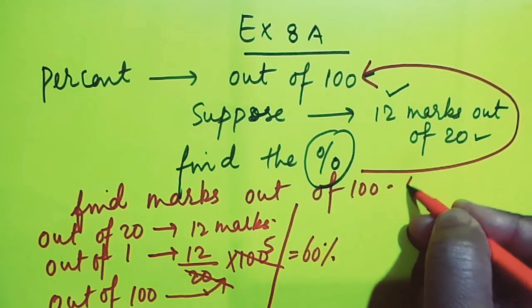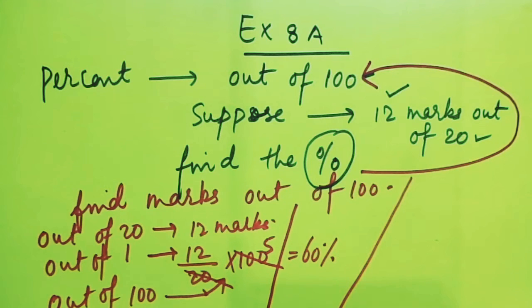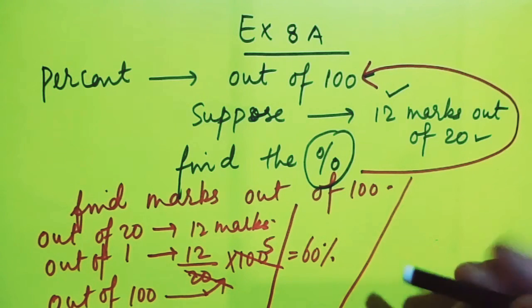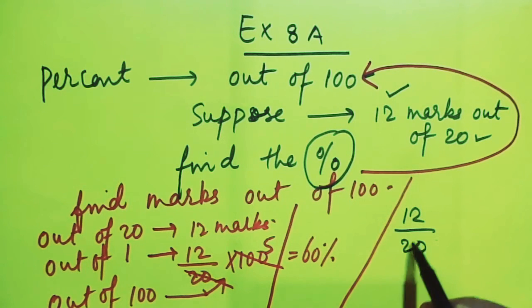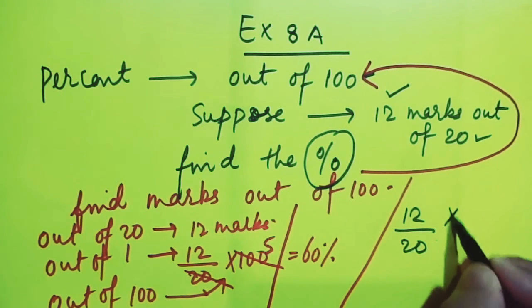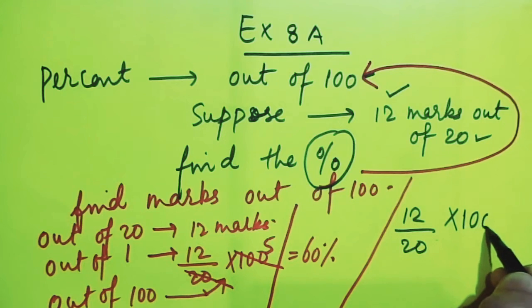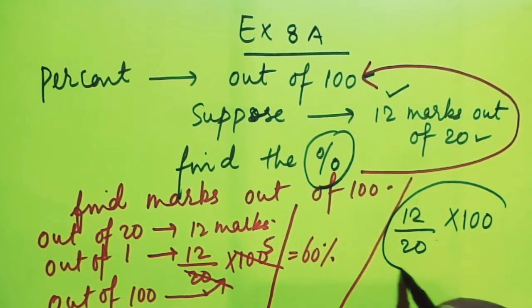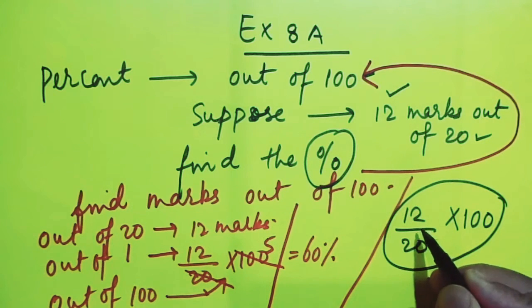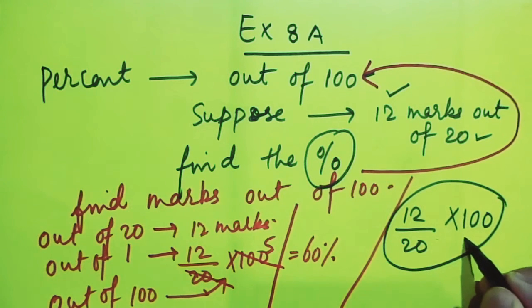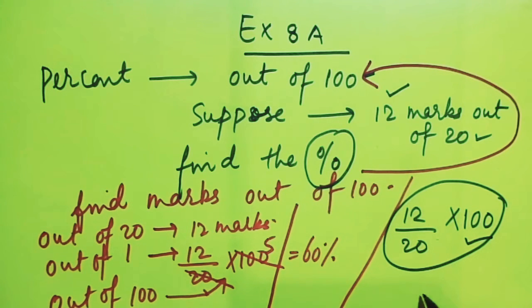Or you can directly find it out as 12 marks out of 20, and out of 100 just multiply it by 100. Therefore, to find the percentage of a fraction, we have to multiply the fraction by 100.